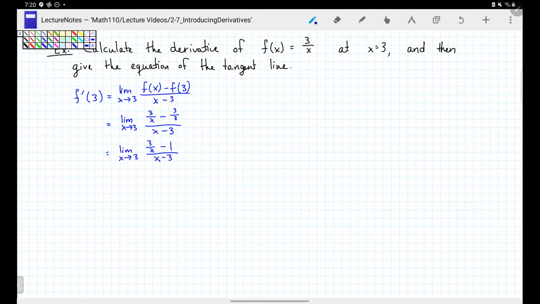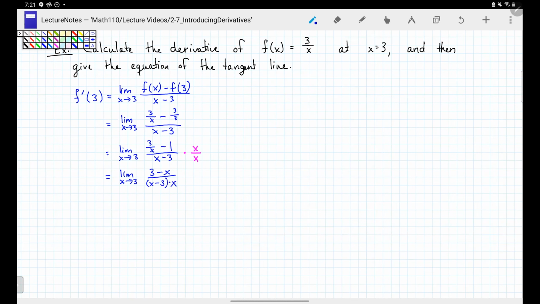Let's go ahead and multiply numerator and denominator by x in order to get rid of that fraction inside of a fraction. So this is now the limit as x approaches 3 of 3 minus x divided by x minus 3 times x.